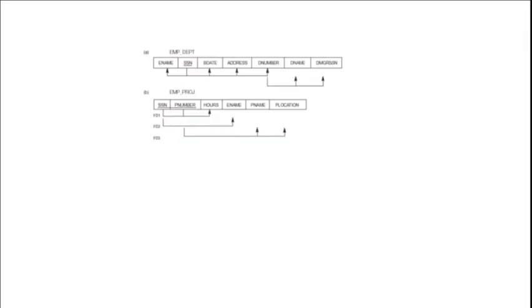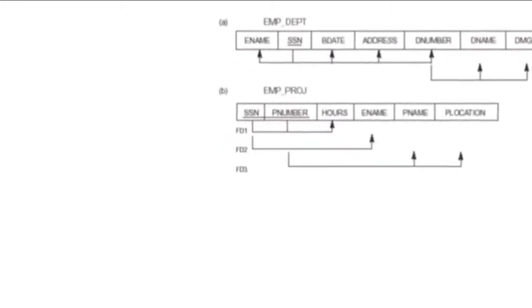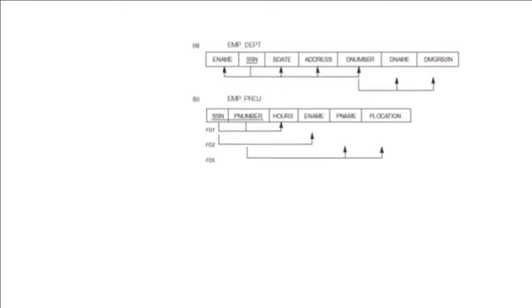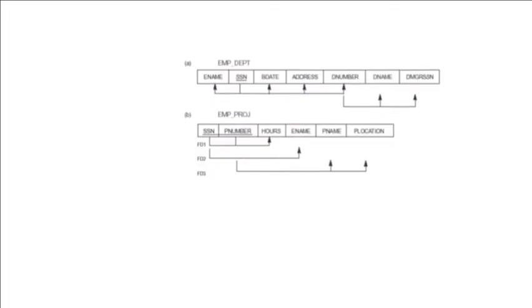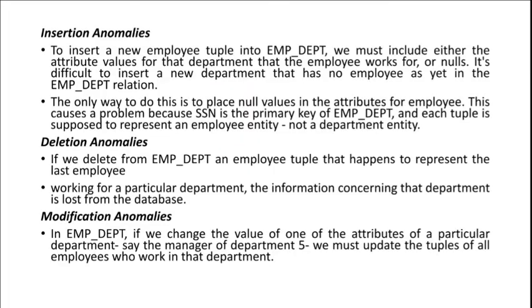To explain this, I am considering two tables, that is the employee department table and the employee project table. Both tables I will consider to explain this. First I will explain insertion anomaly.